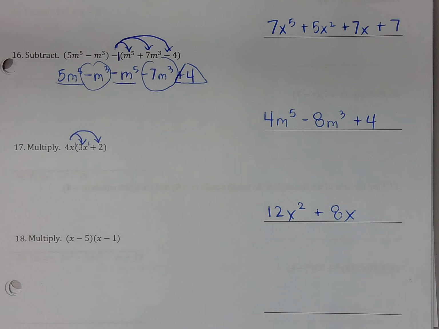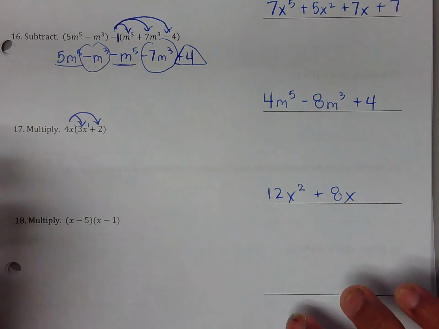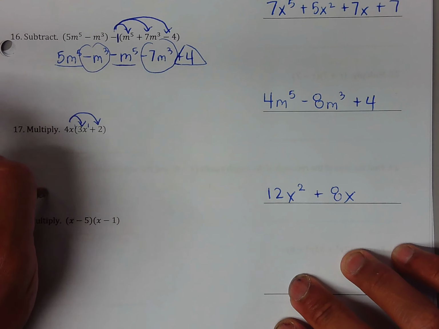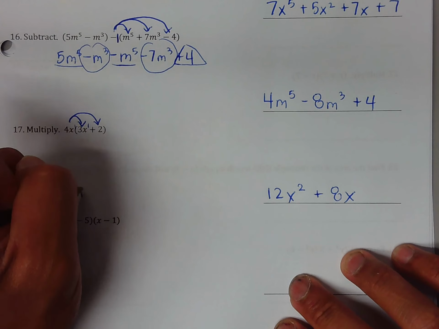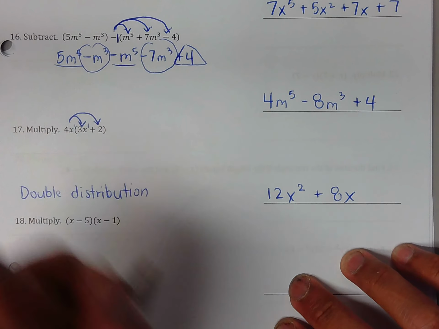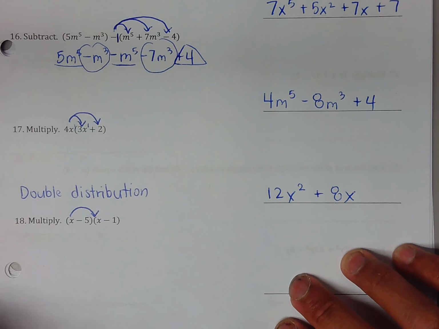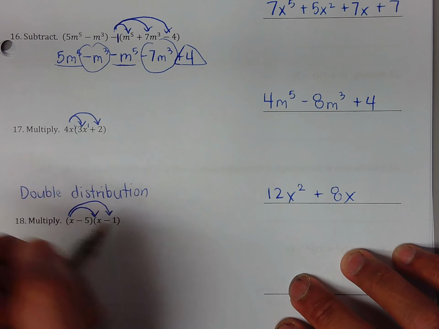All right, number 18. A little bit different here, but it's the same line of thinking, except we need to do it twice. So hopefully you guys remember double distribution. We distribute once, x times x, and x times negative 1.